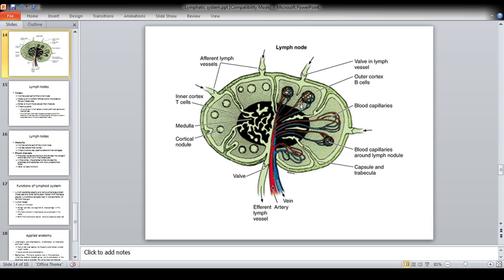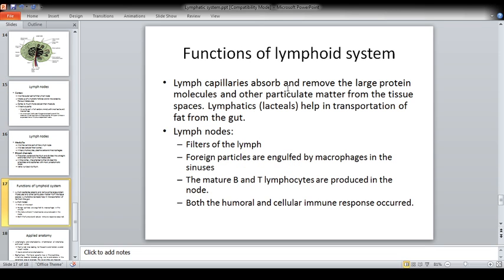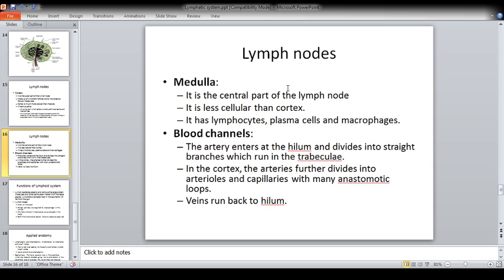Alright, so they run between the trabeculae, these arteries, where they would divide and subdivide into arterioles and then into capillaries. These arterioles and capillaries would form anastomosis with each other, as well as would form bunches with anastomosing parts with venules.